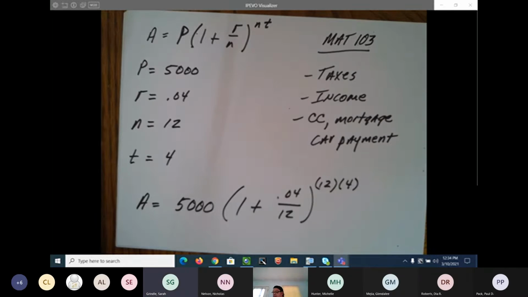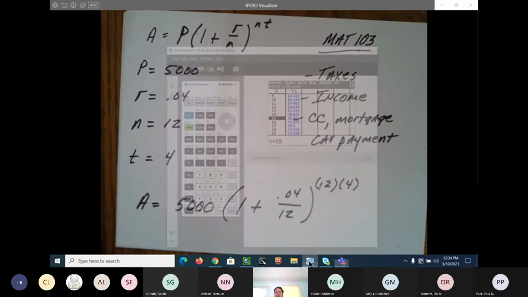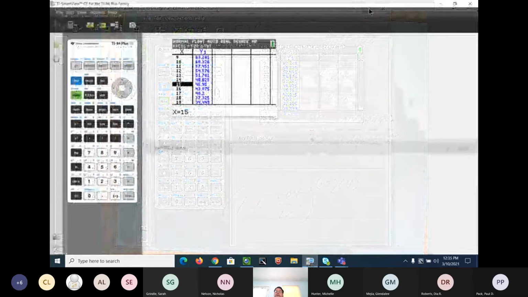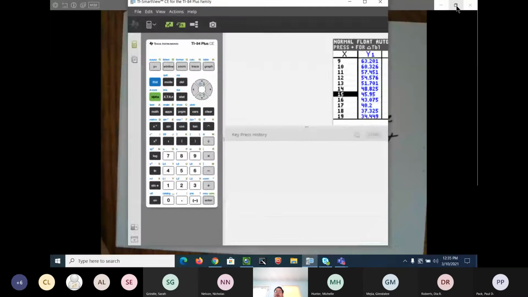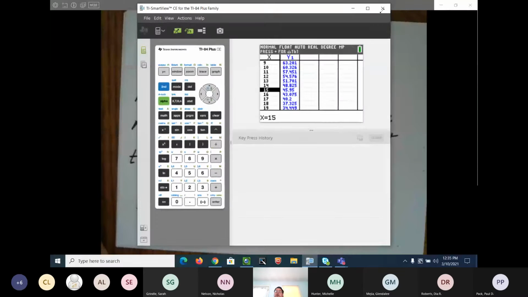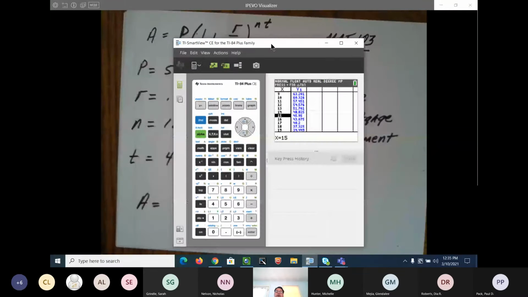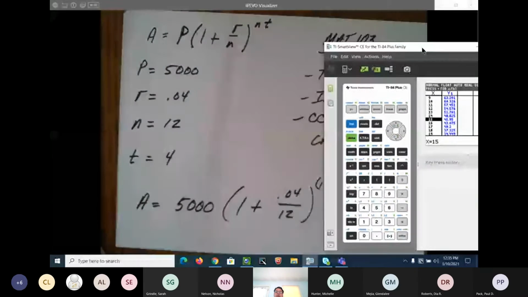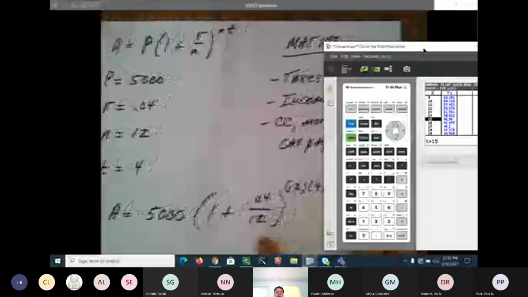It's cool, yeah. All right, so I'm going to pull up my handy dandy calculator, and I'm going to make it small and move it over to the right here. Try to get as much as I can on here. Let me move this over a little bit.